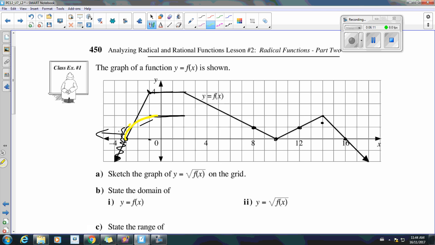So I'm going to keep going here, and I'm going to keep concave down because this is all straight pieces till I get here again. Well, here again, my function has value less than 1, so I need to make sure my square root is above it. Looks something like this. Same thing here, I'm going to be above the graph.